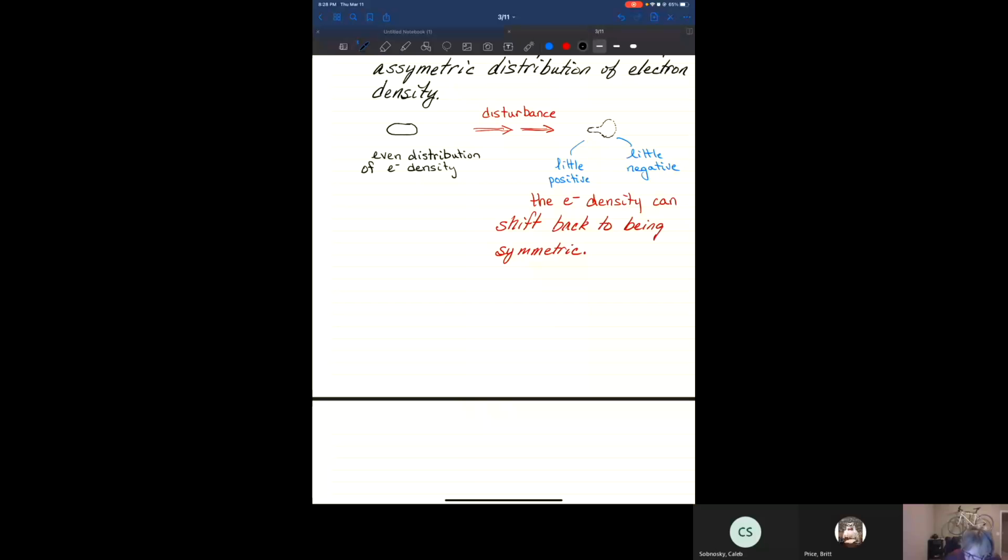Individually, London dispersion forces are the weakest.